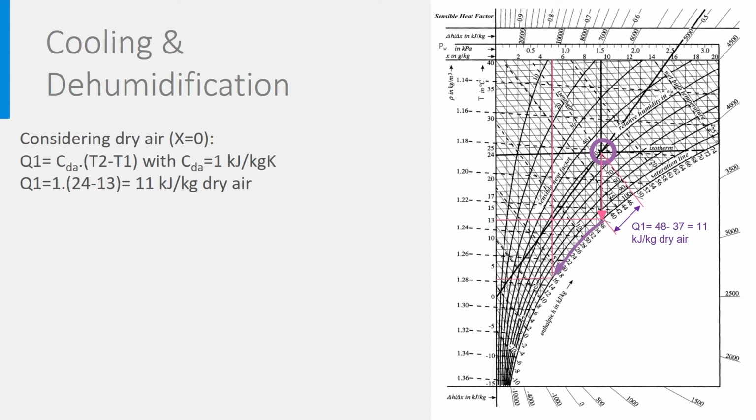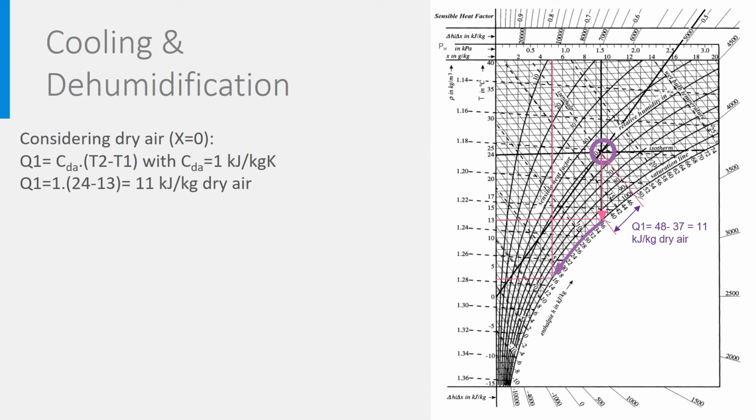The condensed water droplets have to be drained out, and as they leave, the air becomes drier. In the present case, the air was cooled down from 13 to 3 degrees Celsius, delivering air with an absolute humidity of 5 gram per kilogram.